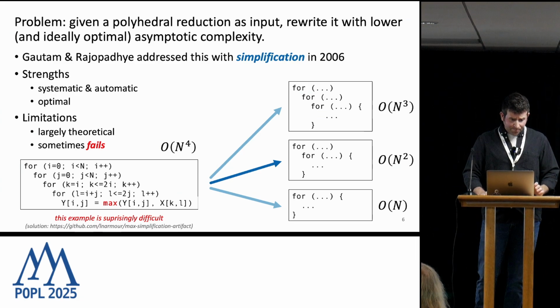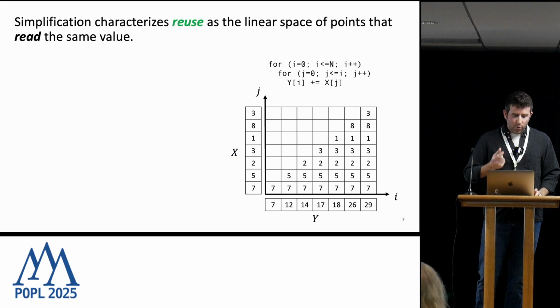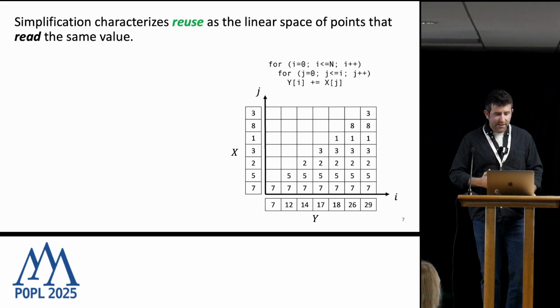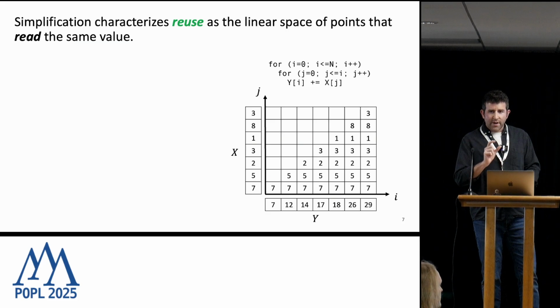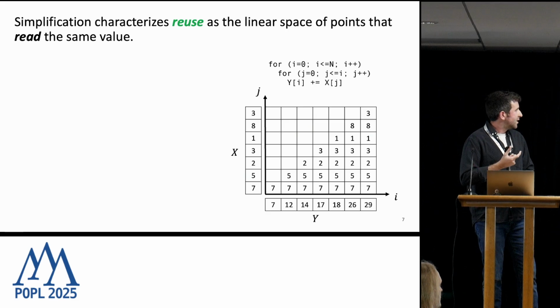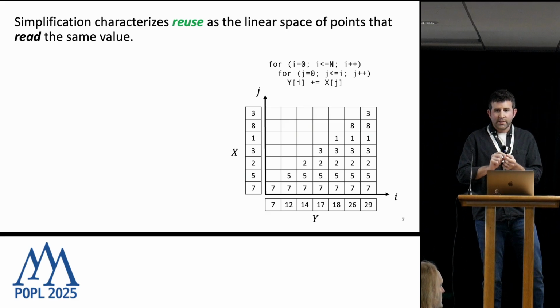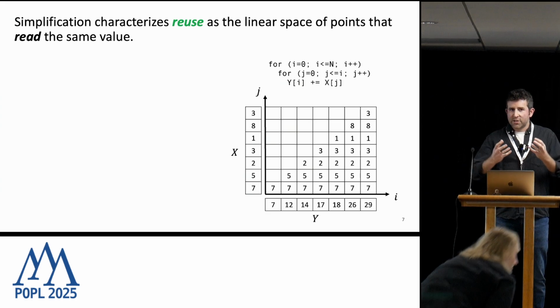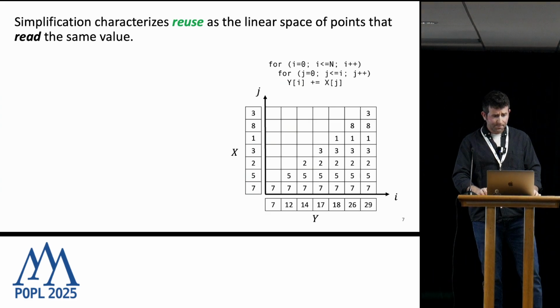Now, to be a little bit more formal, how do we remove this redundancy, this reuse that's baked in? Simplification characterizes this notion of reuse, which is a linear set of points that read the same value. And again, we're in the umbrella of polyhedral compilation, so we can model these things as affine spaces.